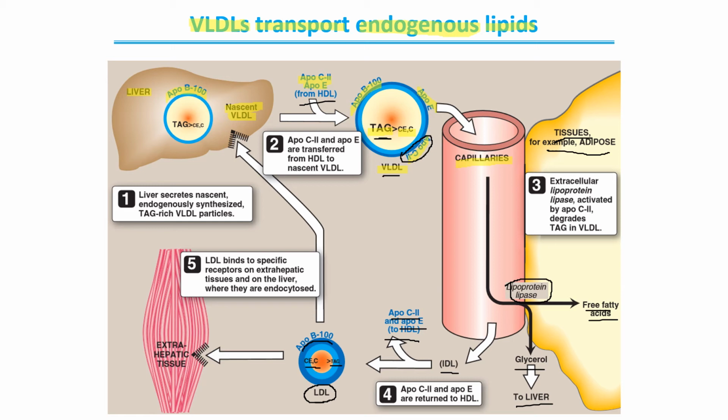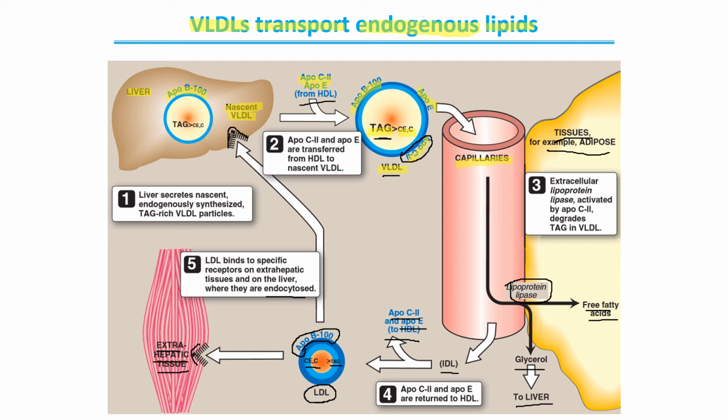This LDL can be taken up by the extrahepatic tissue, which in this diagram is represented by the muscle cell, or it can go back to the liver. Any of these organs which take it will have the receptors, and the receptor will detect this ApoB100 protein. It will match with it, and then it will be endocytosed or taken inside the cells of these tissues.